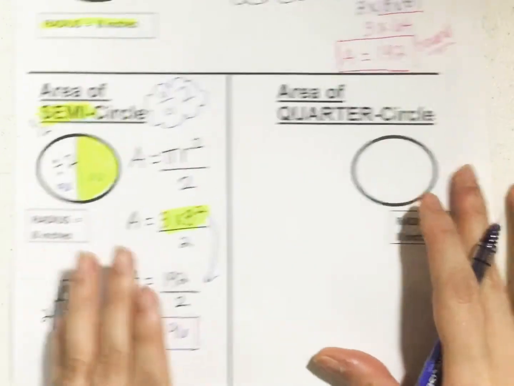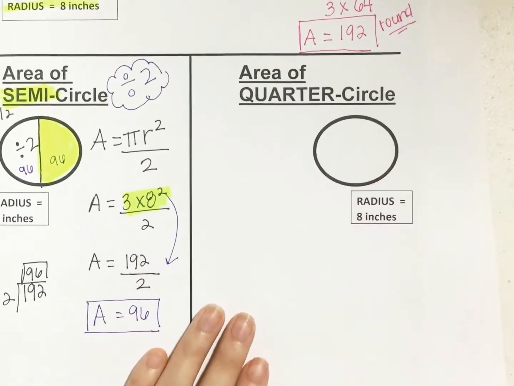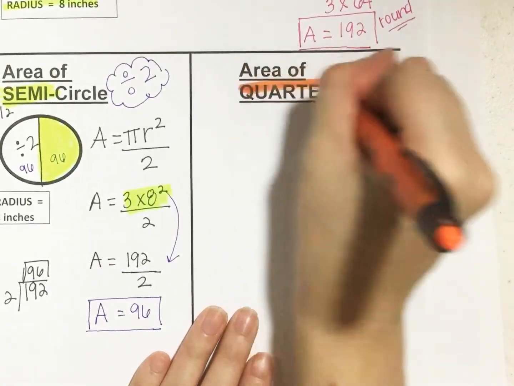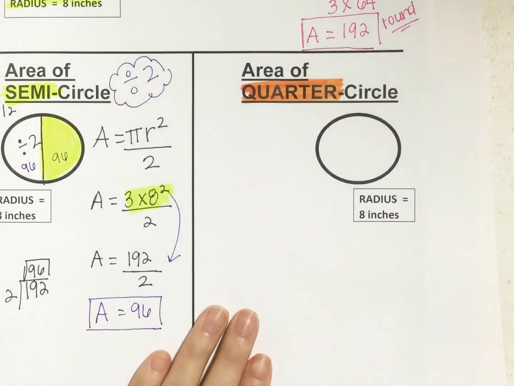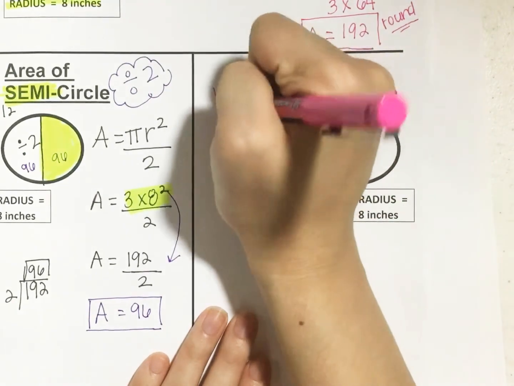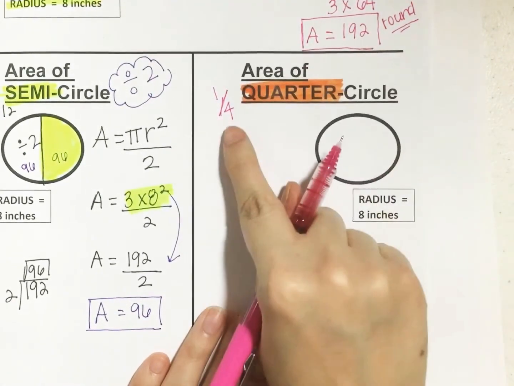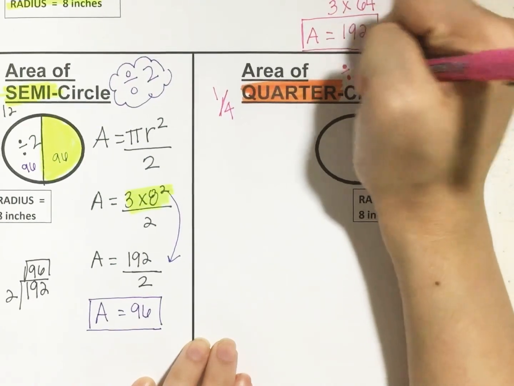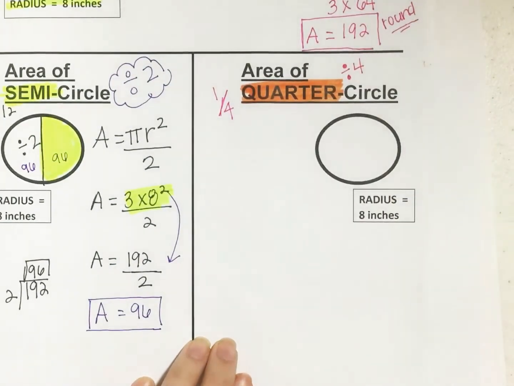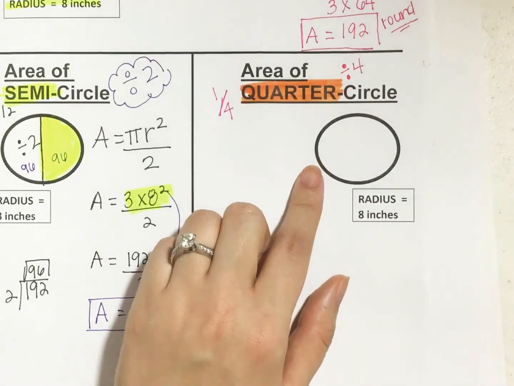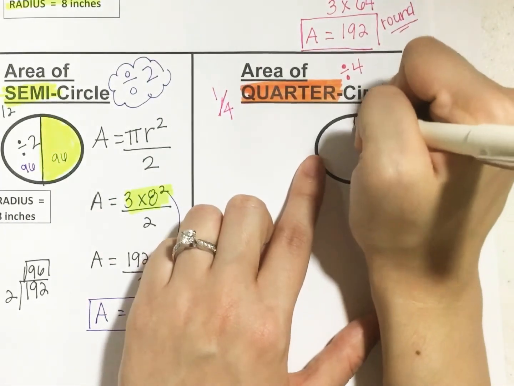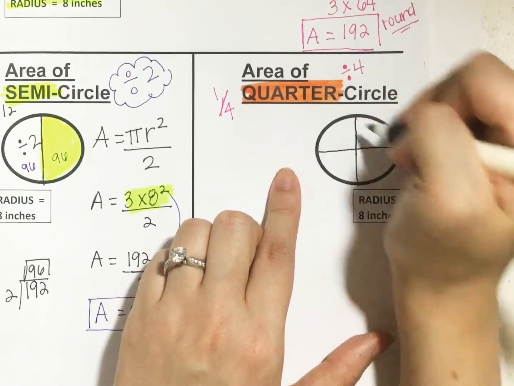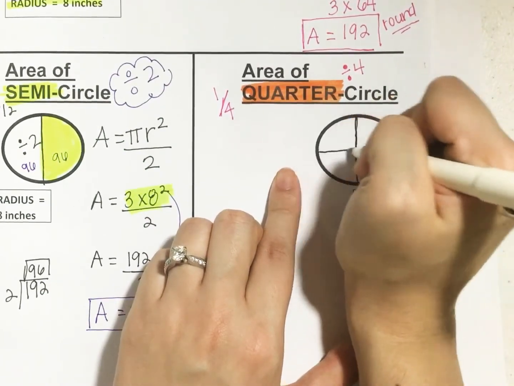Now, a quarter circle. We know that quarter means 1/4. And what does 1/4 tell you? 1/4 tells you to divide by 4, because what are we doing with our circle? We are cutting our circle into 4 even parts.